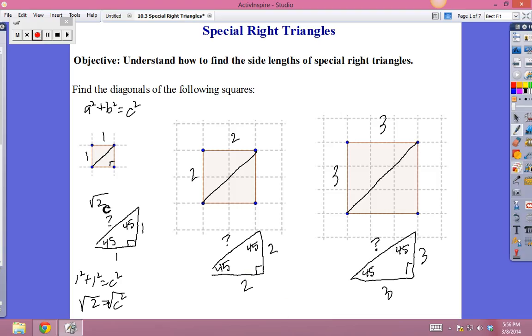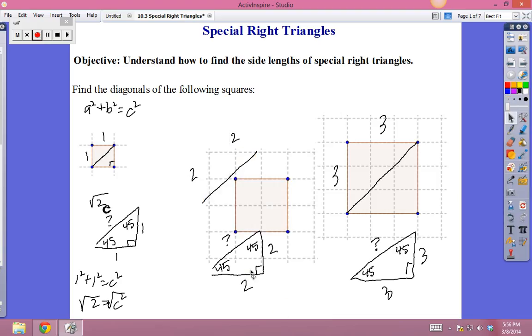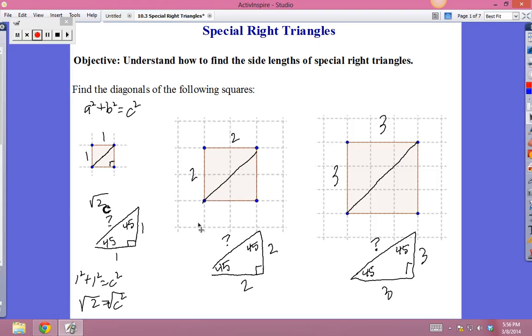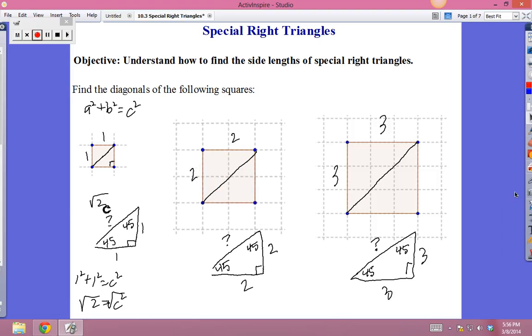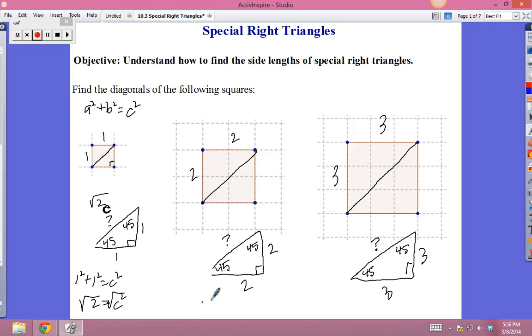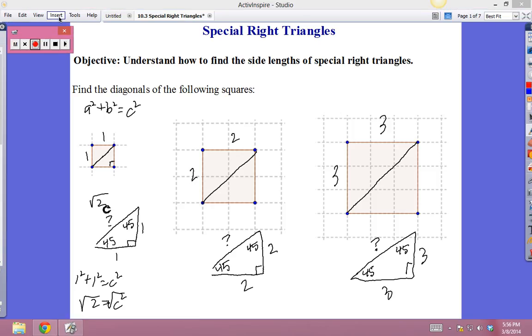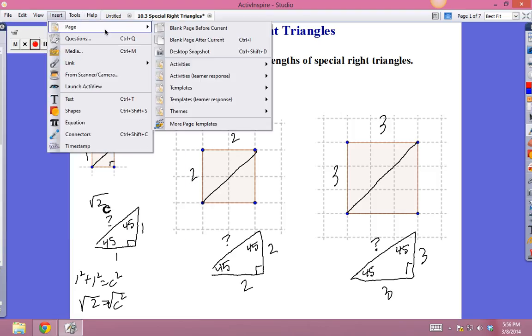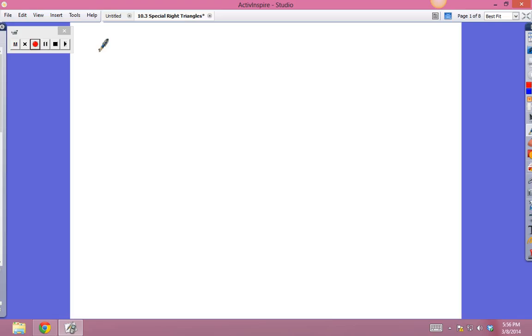Okay, now this next one, oh whoops. The next one is going to be, I'm out of room to calculate stuff, so let me insert a page. Okay, so if it's 2 by 2 and it's 45, 45, 90, I'm going to go 2 squared plus 2 squared equals c squared.